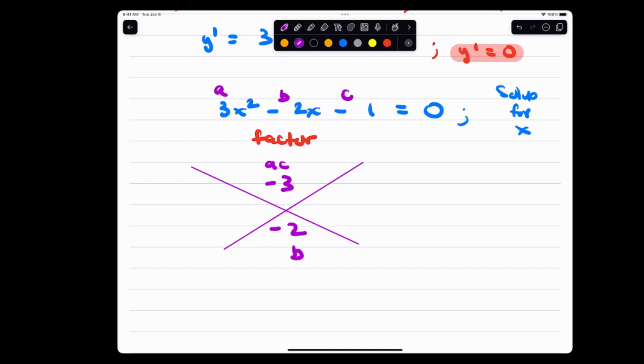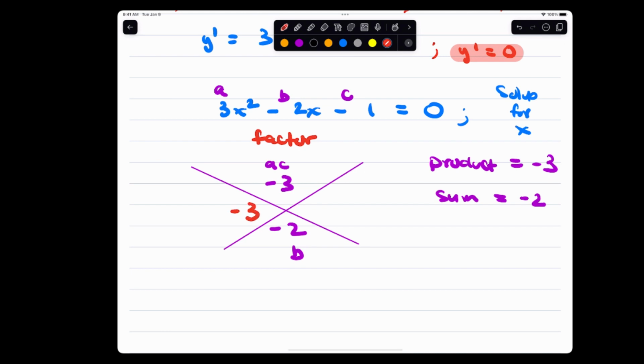So remember, we need two numbers whose product is negative 3, whose sum is negative 2. This is the crisscross method. Two numbers whose product is negative 3 and whose sum is negative 2. What's it going to be?